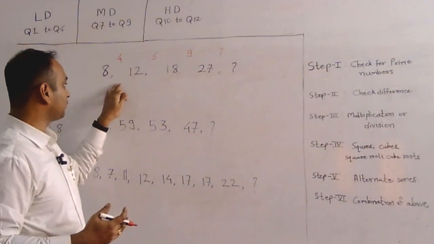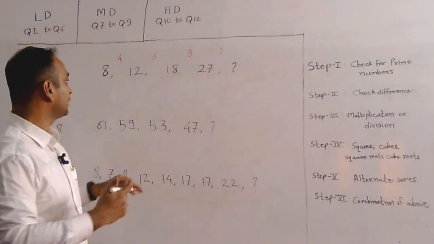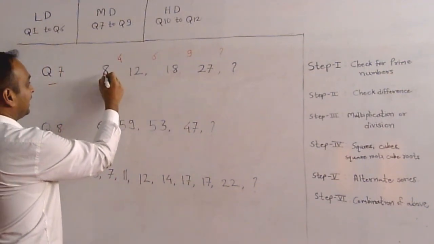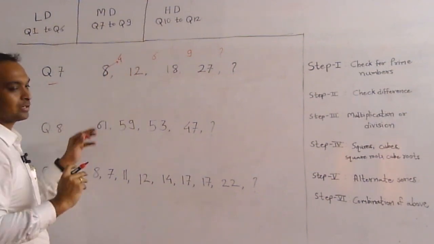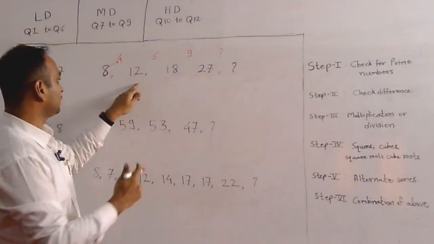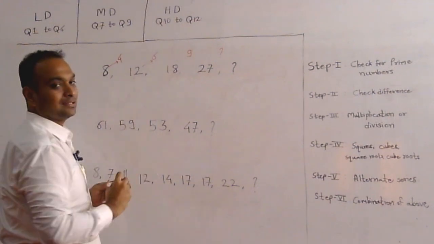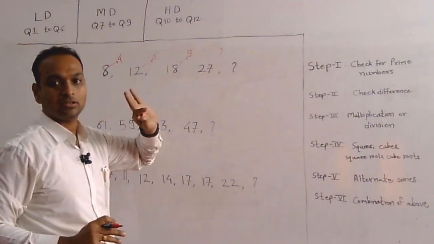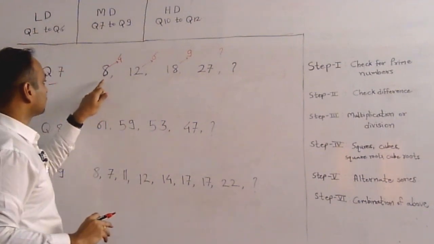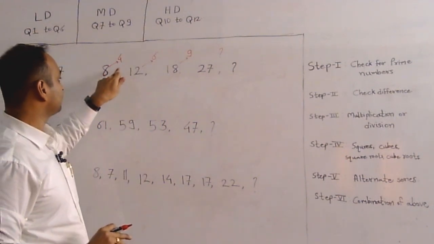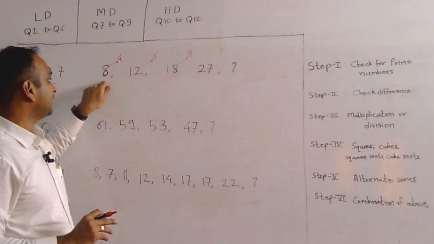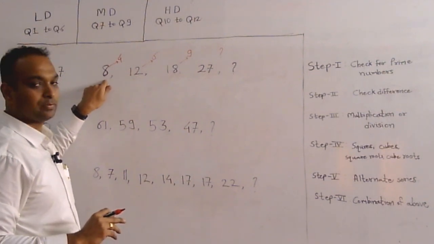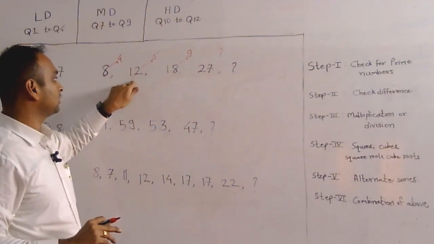So if we observe these numbers very well, we will see that 8 and 12, we are making it half. 12, the difference is 6, 18, the difference is 9. That way the series goes on. So if we half the number and then add it to the previous number, we get the next number.